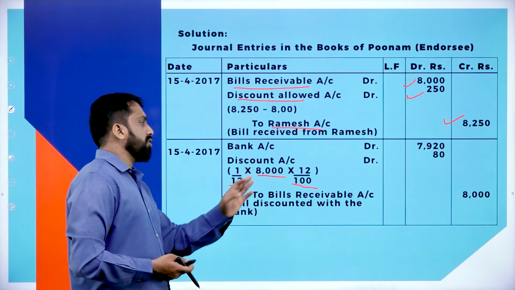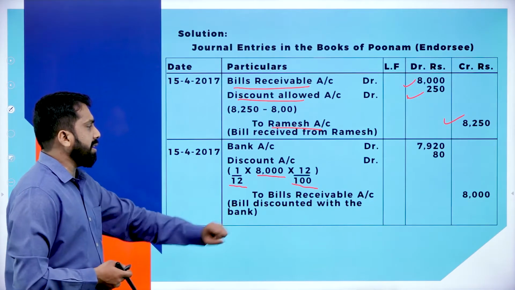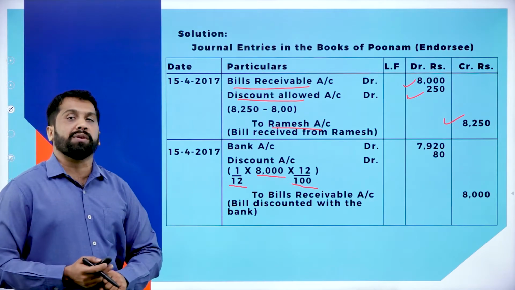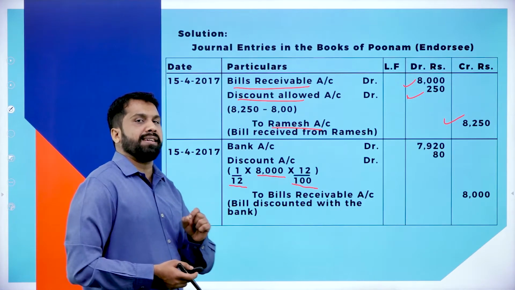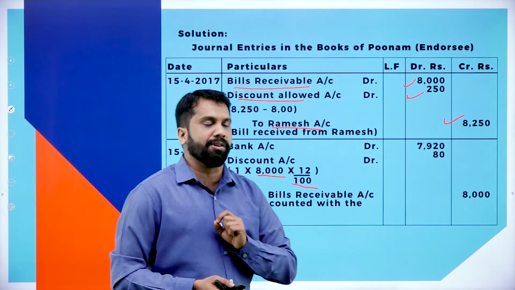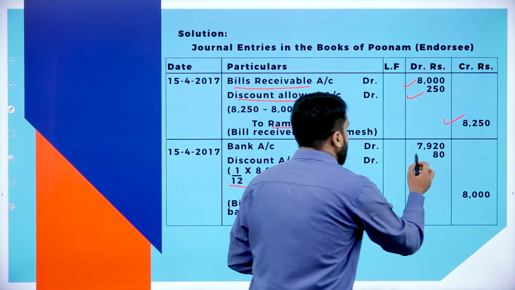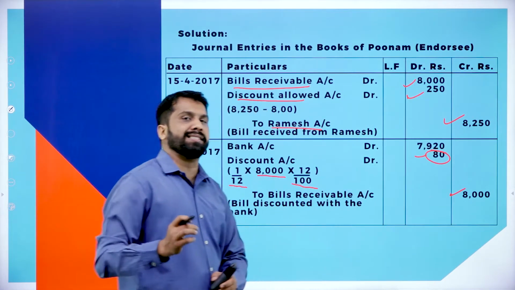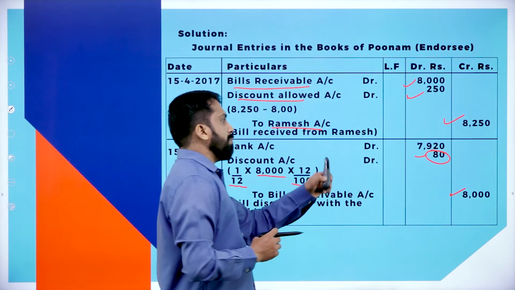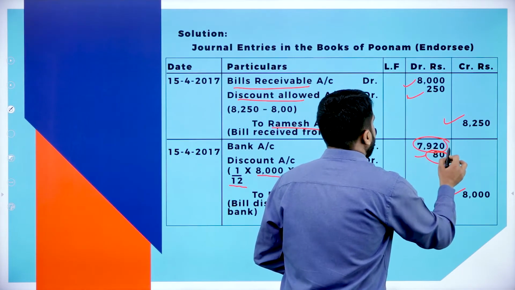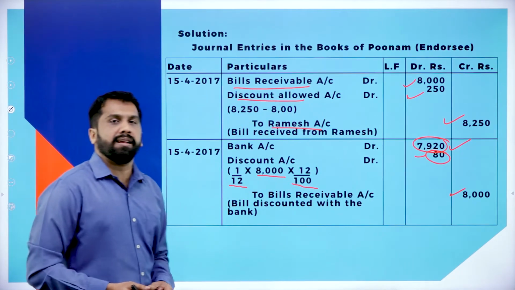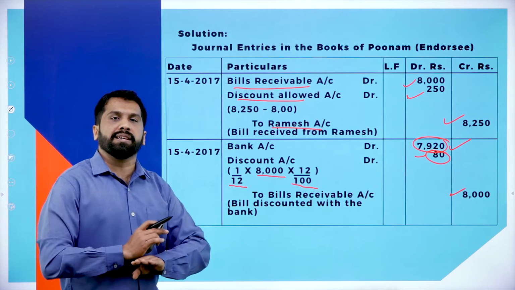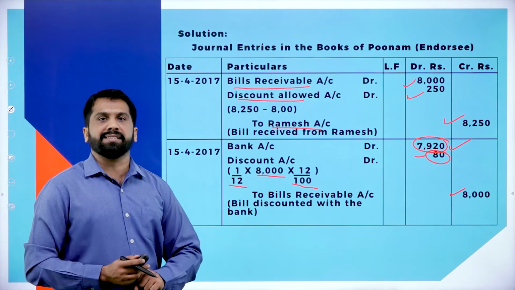So how much will you get? 960, divided by 12. You will get hardly 80 rupees. So your discount is 80. Out of 8,000, 80 is considered as discount. Now the balance will be how much? 7,920. Any doubt? Hope there is no doubt up to this.